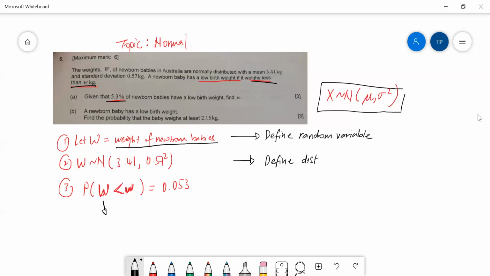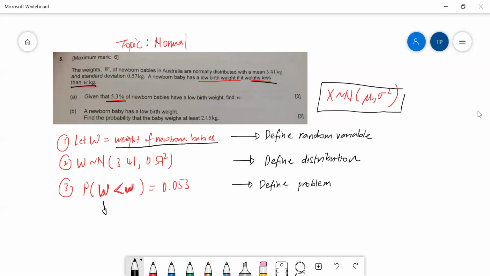I'm just translating. All you need to do in statistics is translate English statements into mathematical statements.